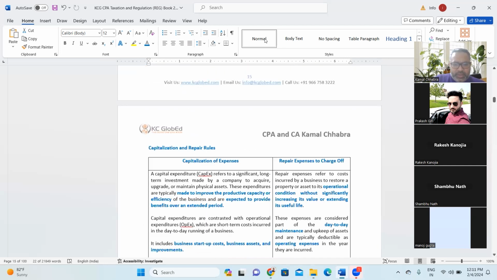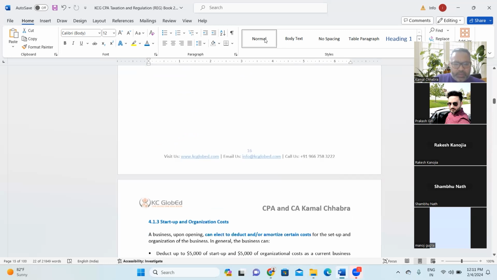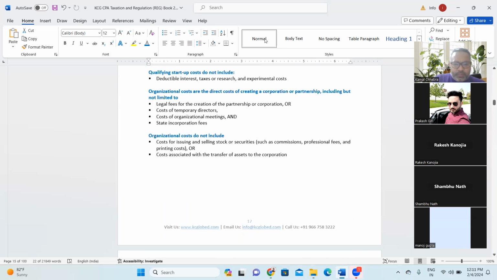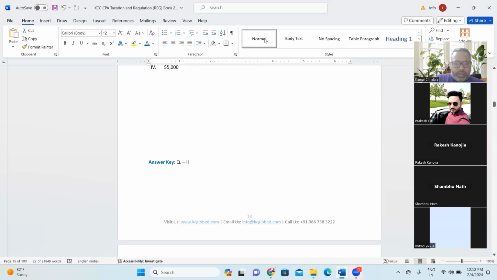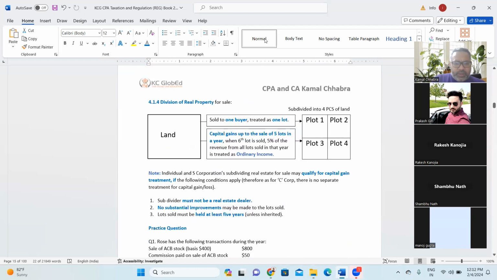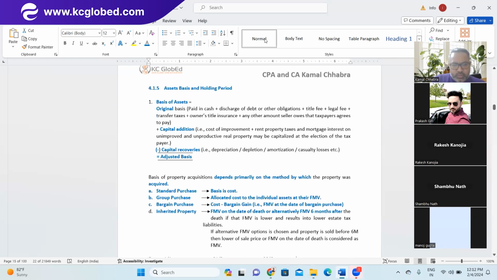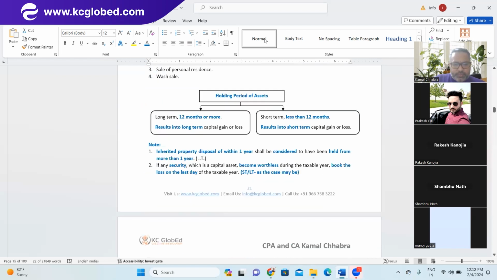I'll see during the break time where it is mentioned so that I can help you by highlighting that. If it is not, then I can add a one-liner where we have mentioned the capital assets. Okay, sir.